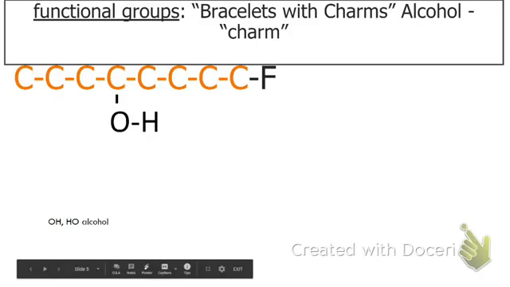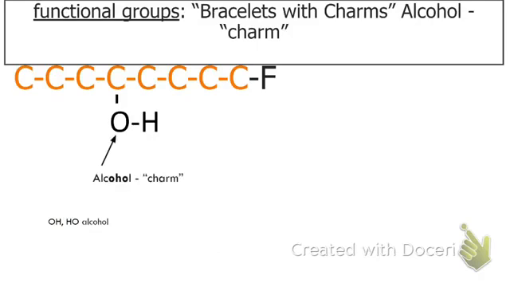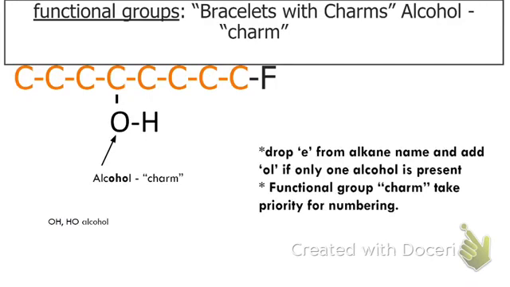Here is your first alcohol. Here we see the alcohol charm, and because of the alcohol charm, we're going to follow the naming of this. So what do we do? We look at our carbon chain and determine where carbon 1 is.